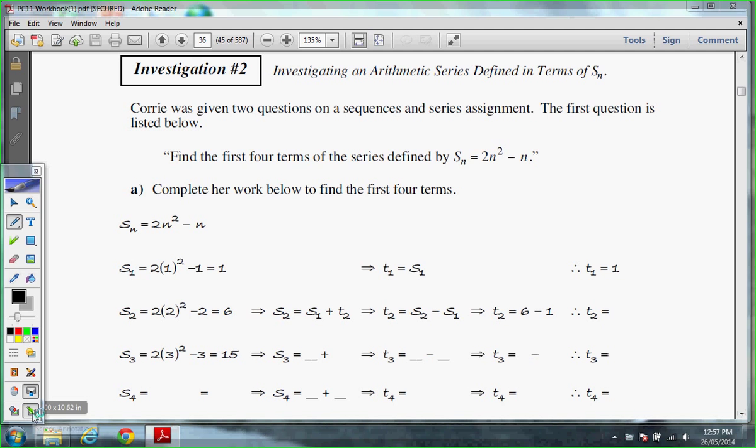So watch. Let's just make one up here: 2, 5, 8, 11, 14, 17. So I have 6 there. If I took series 6 and I minused series 5, what would be left?